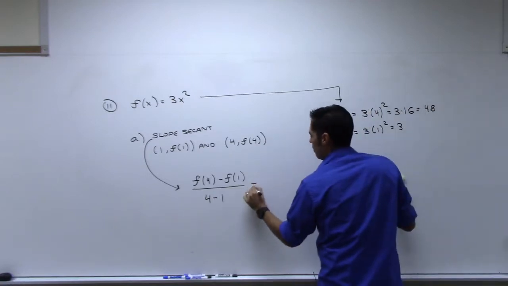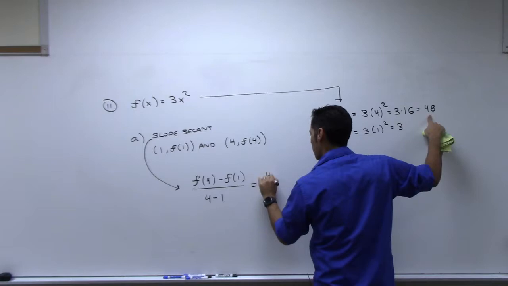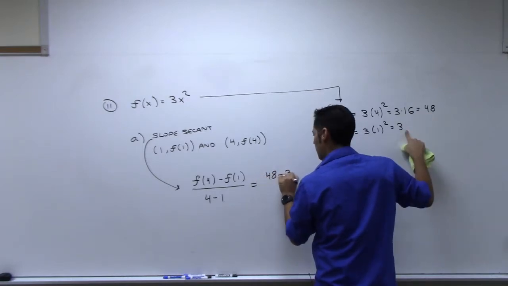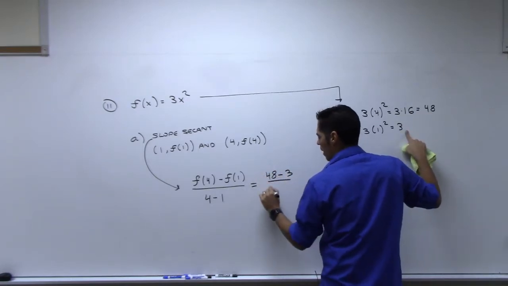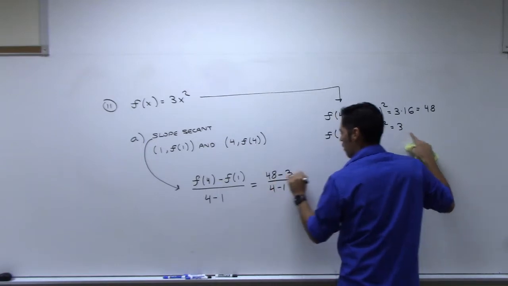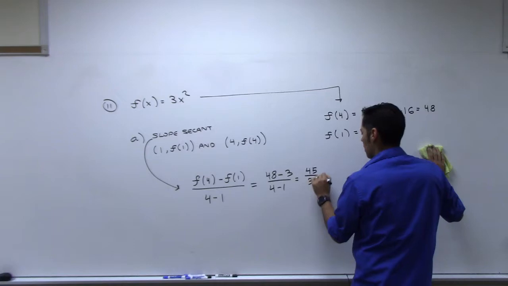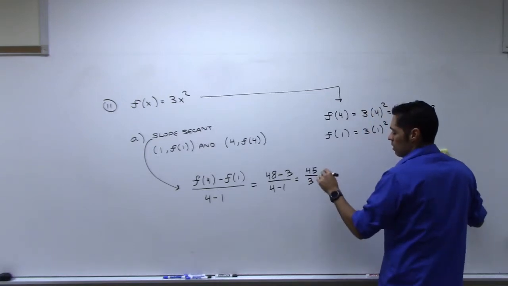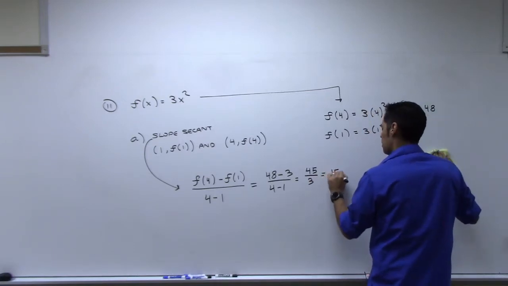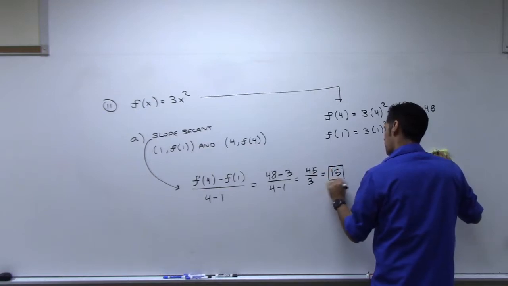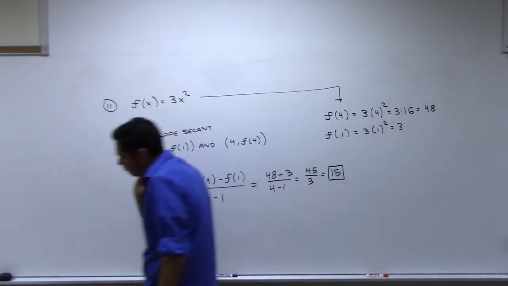So this becomes 48 minus 3 over 4 minus 1. 48 minus 3 is 45 over 3, which I believe goes in there 15 times. So we should get 15.